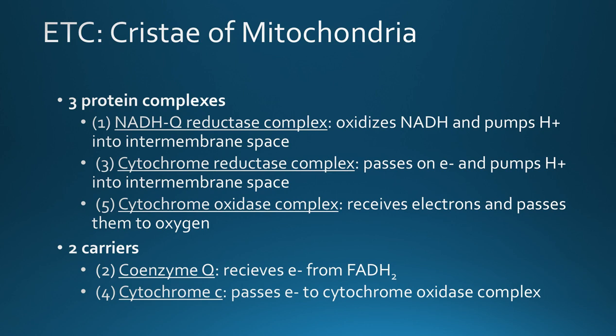The numbers give you the sequence of the protein complexes and the carriers that are in the cristae of the mitochondria that make that electron transport chain. You're going to have 3 protein complexes and 2 carriers that each have their own special function in this electron transport chain.